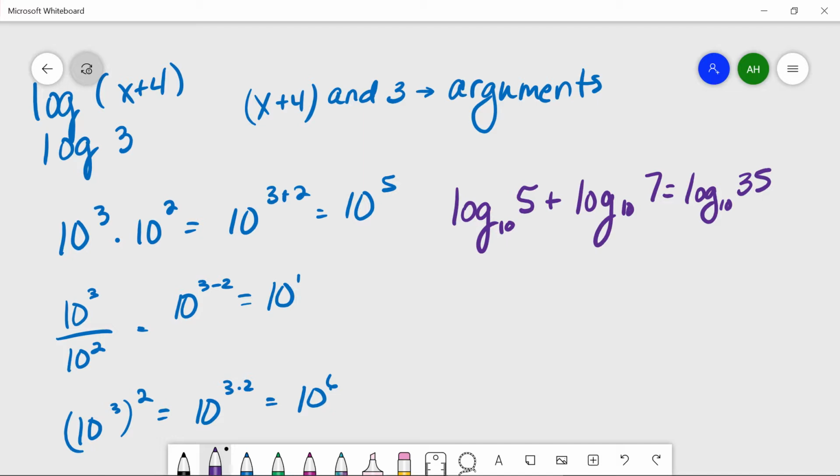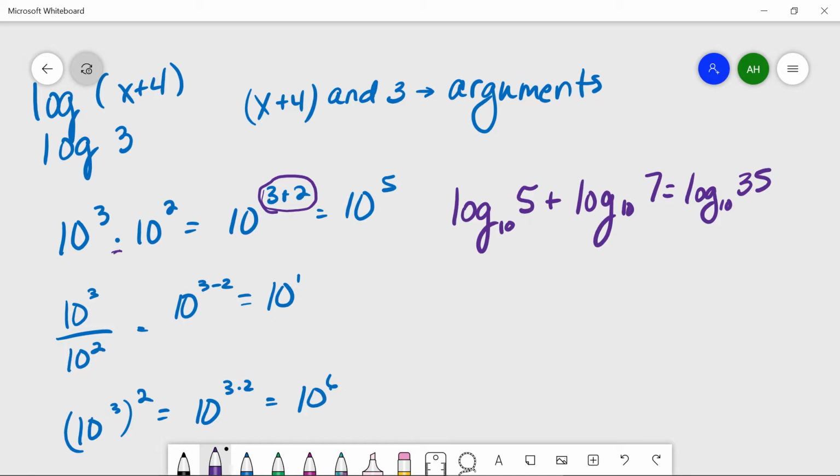Okay, so over here, I had 10 raised to the 3 times 10 raised to the 2 is going to be 10 raised to the 2 plus 3. Okay, so right here, I added my exponents when I was multiplying my bases.